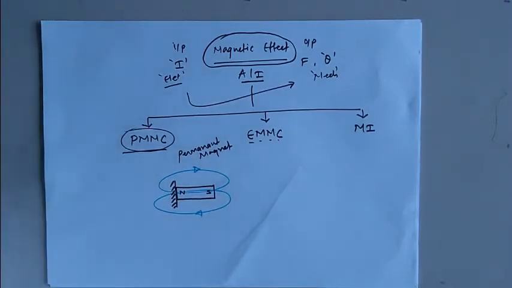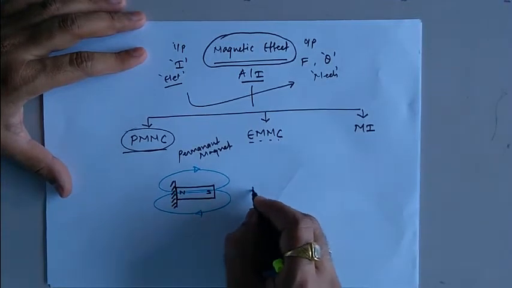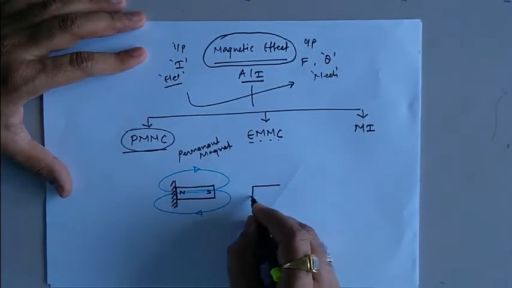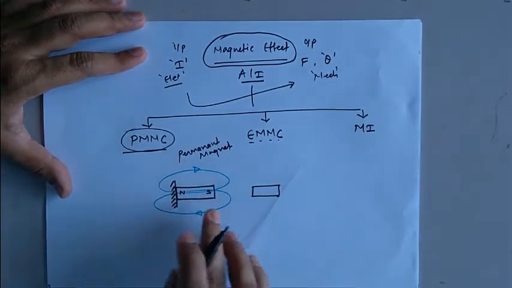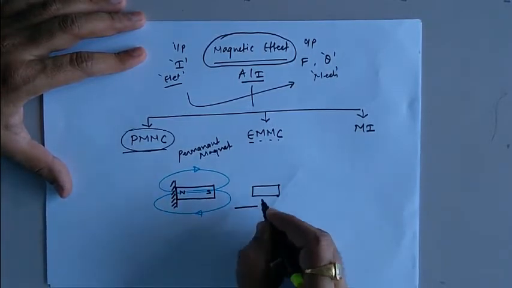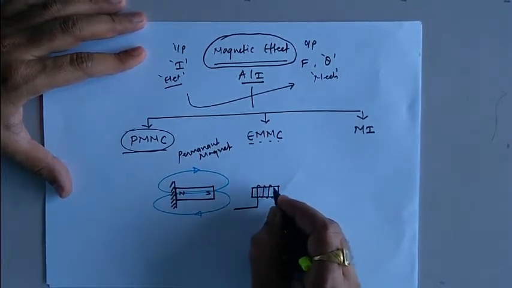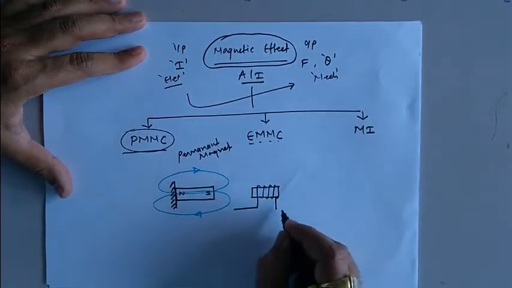Now let us consider that we have placed another coil in the vicinity of this permanent magnet, and this indicates the sense of winding of that coil.